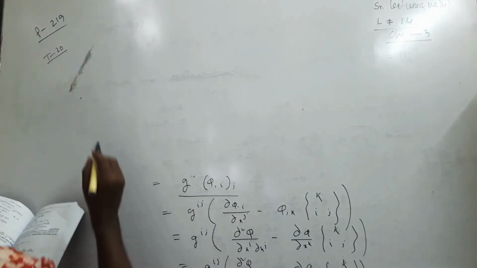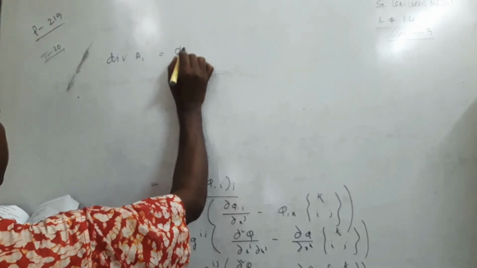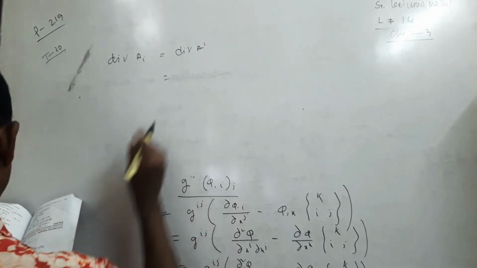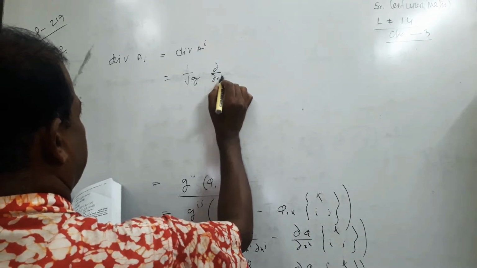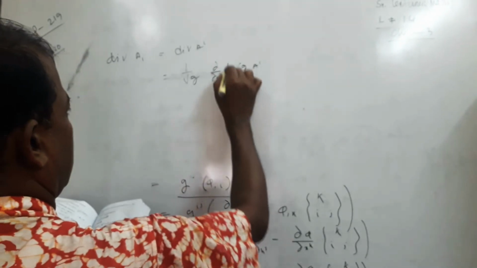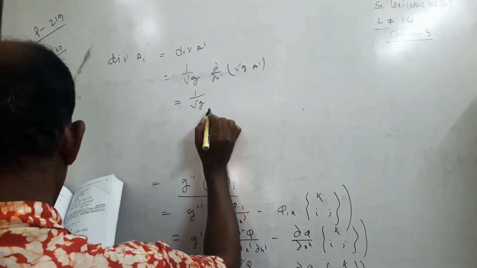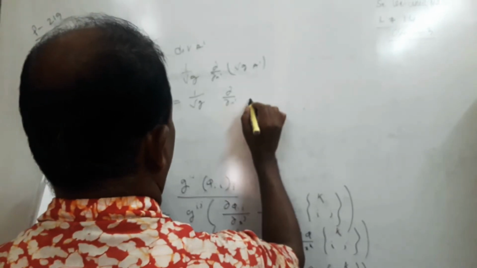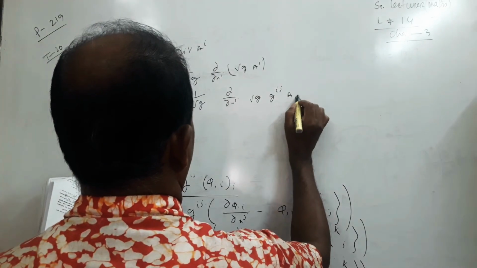and next, the divergence of A^i equal to the divergence of A^i, that's equal to 1 by root g del by del x^i into root g A^i, which is 1 by root g del by del x^i into root g g^{ij} A_j.